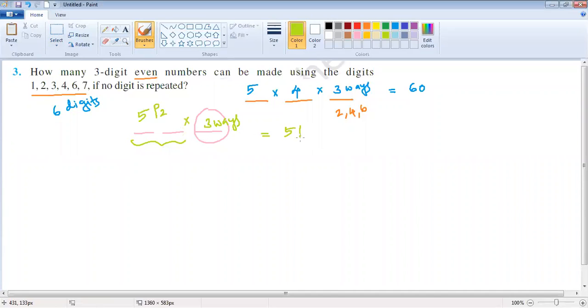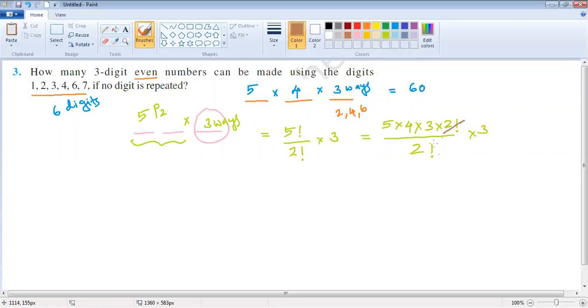5P2 is 5 factorial divided by (5 minus 3) factorial into 3. 5 factorial, you can write it as 5 into 4 into 3 into 2 factorial, divided by 2 factorial into 3.